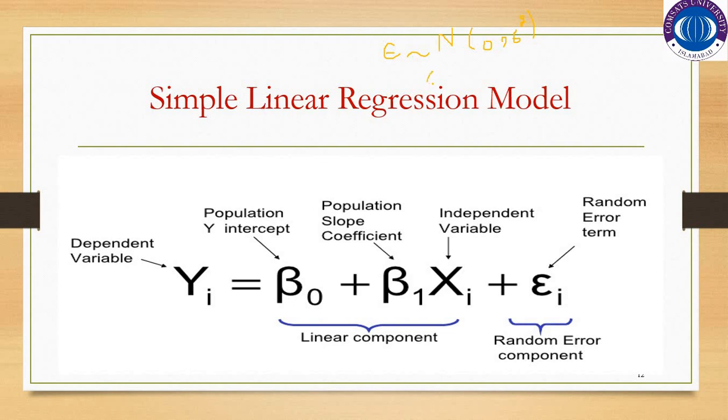That is, if you find the correlation between epsilon 1 and epsilon 2, it would be equal to 0.